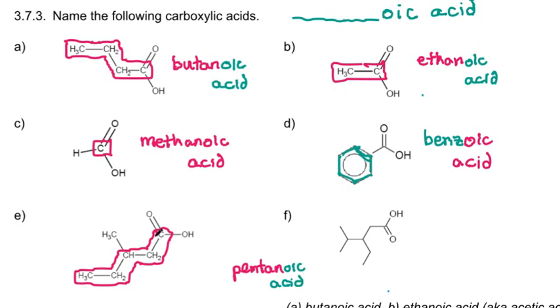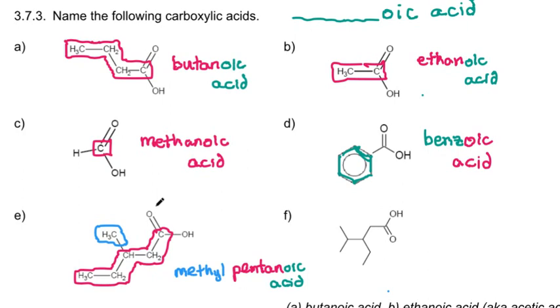But wait, that's not all. In addition to the pentanoic acid, we have a branch here, so we better tell people about that. This branch is a 1 carbon, not methane, a methyl group. So this is methylpentanoic acid, and we have to say what carbon it's on.